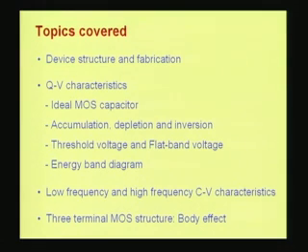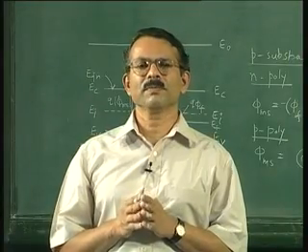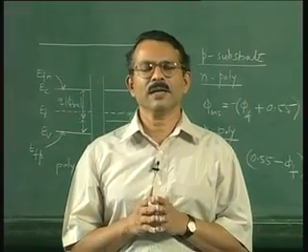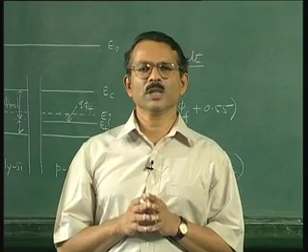Then finally we considered the body effect, where we saw the effect of introducing a third terminal which makes contact with the inversion layer and biasing this third terminal with respect to the substrate. In the next lecture we will start the discussion of the MOS field effect transistor.